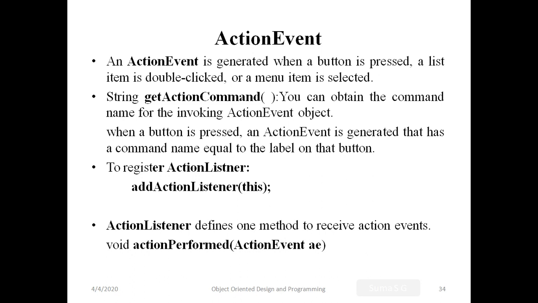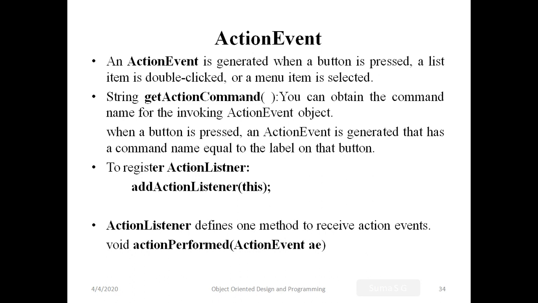The methods defined in the action event are getActionCommand and getSource. getActionCommand is used to obtain the command name for invoking the action event and returns the string associated with that component, whereas getSource returns the object that is the source of the event. So with getActionCommand, you will know which object was clicked.